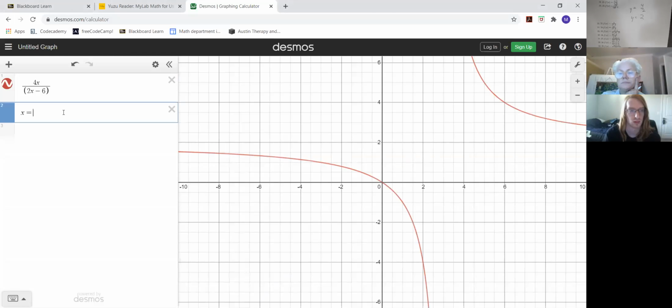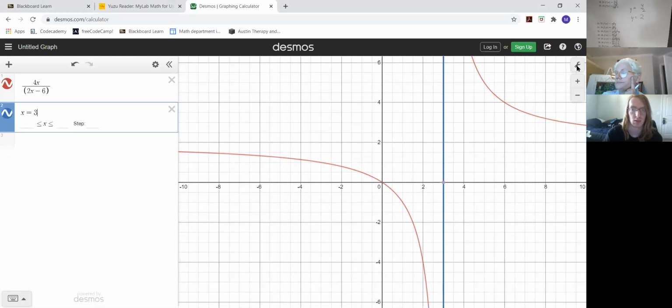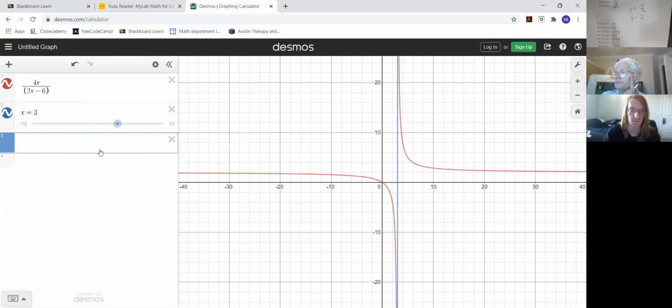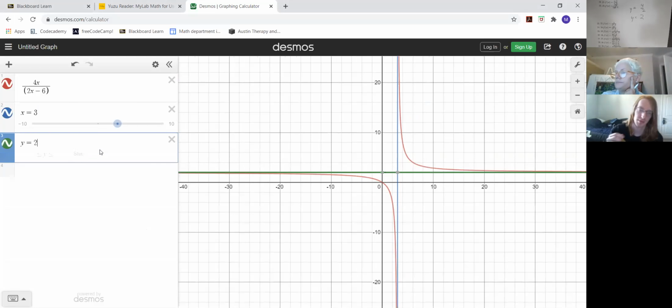So we said x equals what? 3 was the one, it looks like. Y'all see the x equals 3 right here? It looks like an asymptote here, hopefully. We can check these things. Y equals 2 should be my other asymptote. Does that look like the right place? That looks good, huh?